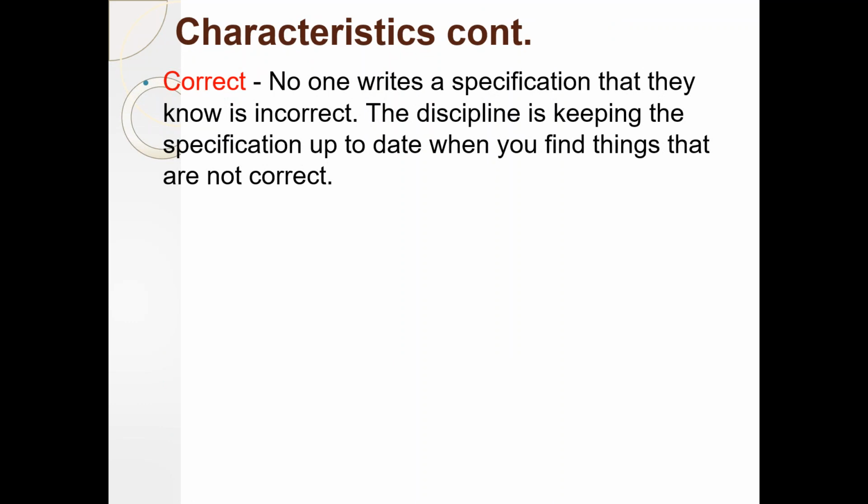We're good. Okay. So in terms of correct, what do we mean? No one writes a specification that they know is incorrect. That's the first thing. You're not going to write it if you know it's wrong. That is not what the client needs, so you're just not going to write that. But the discipline is keeping the specification up to date when you find that things are not correct.